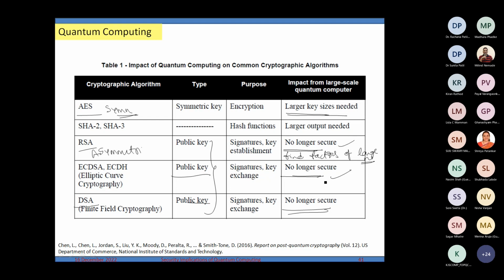Whether it is at your network level security or at your transport layer security or per se application level securities, wherever your public keys are there, the current schemes have to be replaced. Okay.